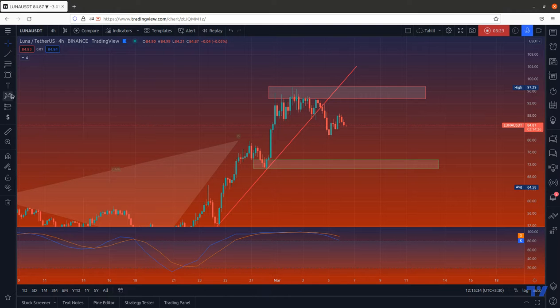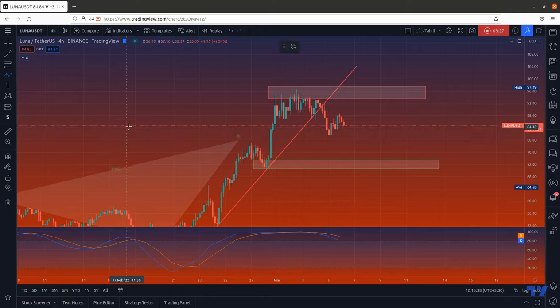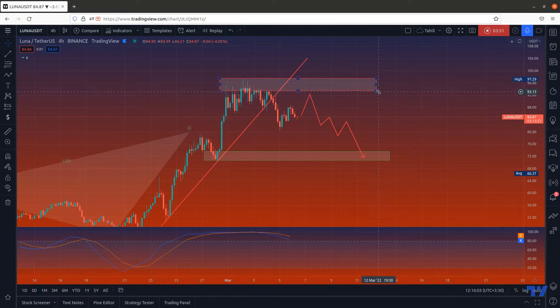We expect it to go up a little, hit this zone, and if it is rejected from there, we expect it to come down step by step, and then reach all the way down to the support zone which it has. Therefore, we are bearish on this pair, and we expect it to come down.